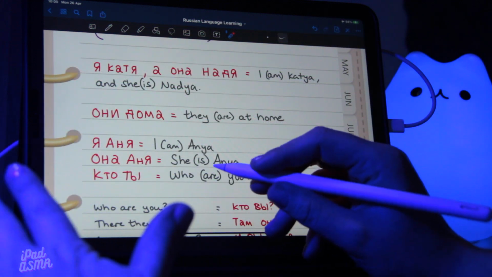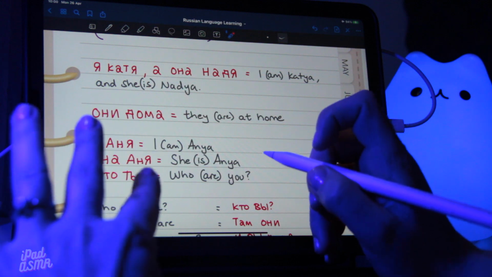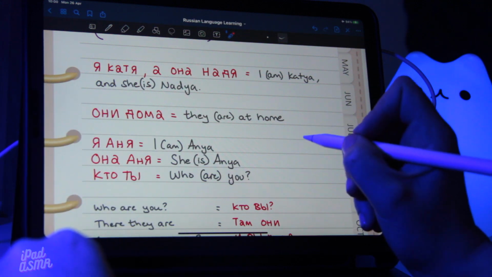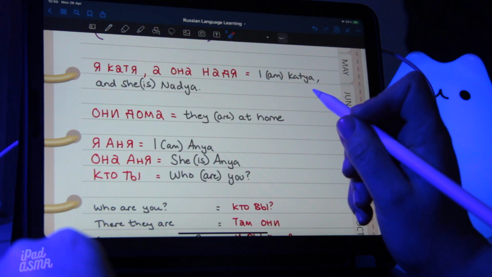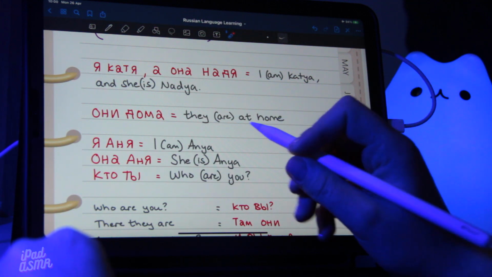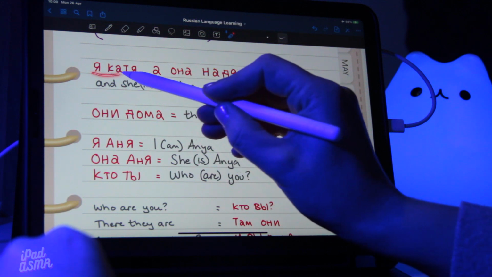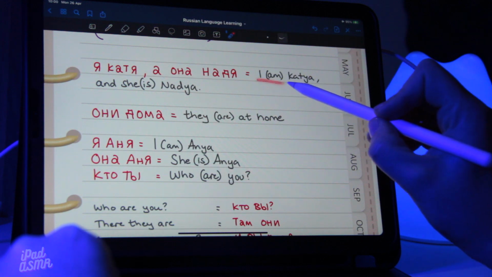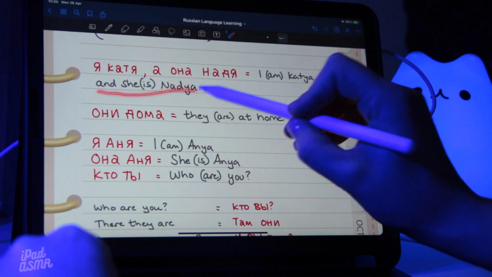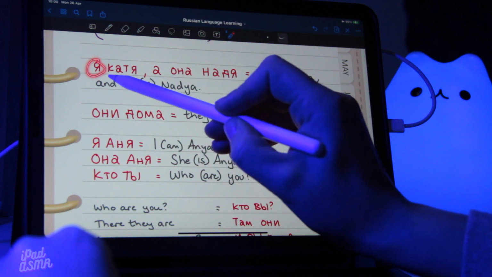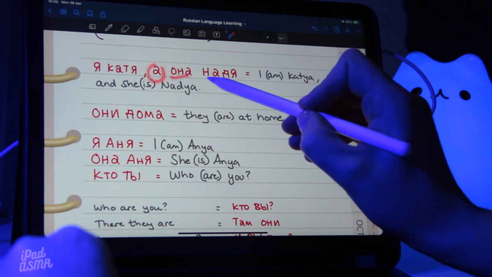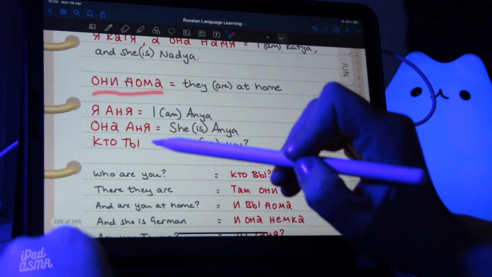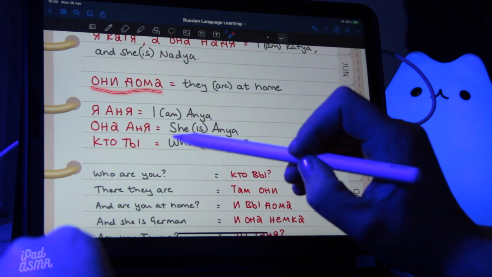Okay, so as part of this lesson, we had a little bit of listening practice with the words on screen. So this example is Ya Katya, i Anna Nadia. I am Katya and she is Nadia. Ani doma.